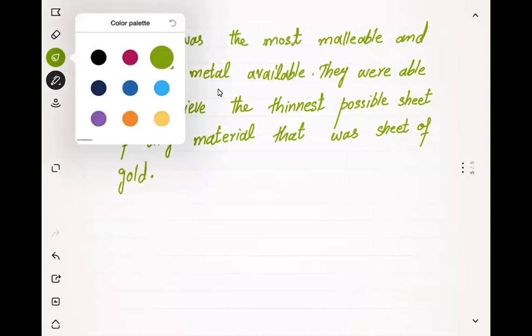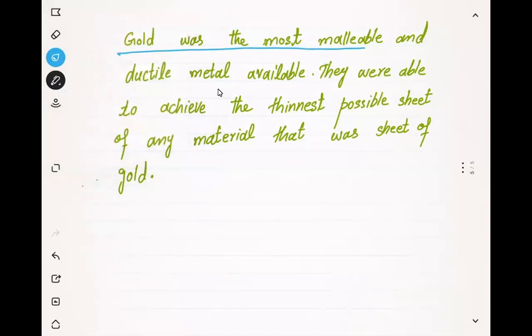So the thinnest possible sheet that they had available at the time of the experiment was a sheet of gold.